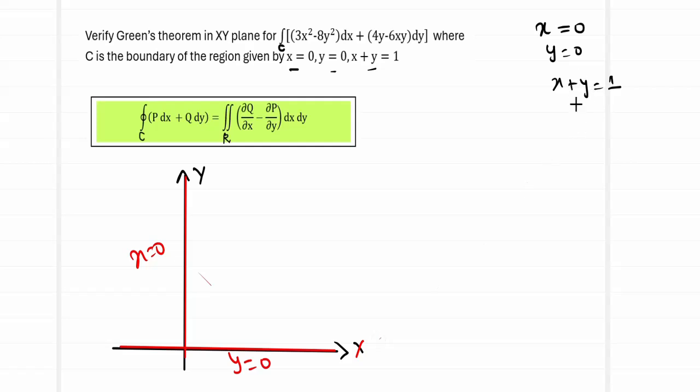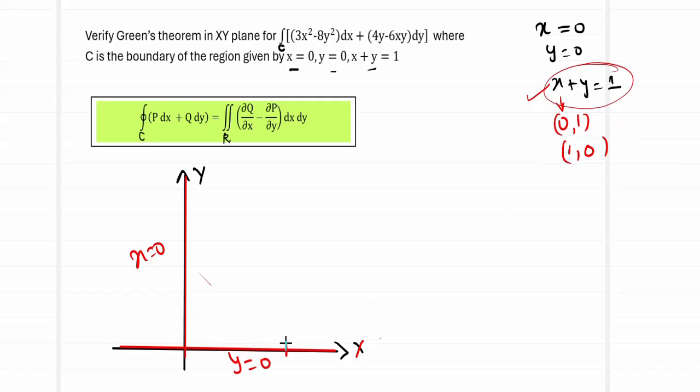Now for the third line, x plus y equal to 1, how do we plot it? Substitute values: put x as 0, then we get y as 1, so 0 comma 1 is one point. When we put y as 0, x is equal to 1, so 1 comma 0. So this line passes through the points 0 comma 1 and 1 comma 0.